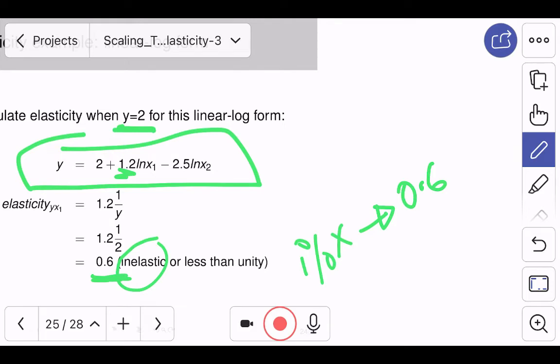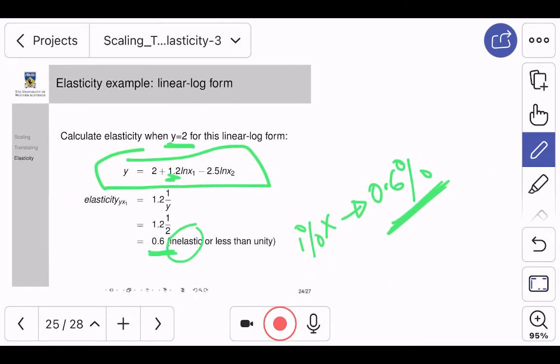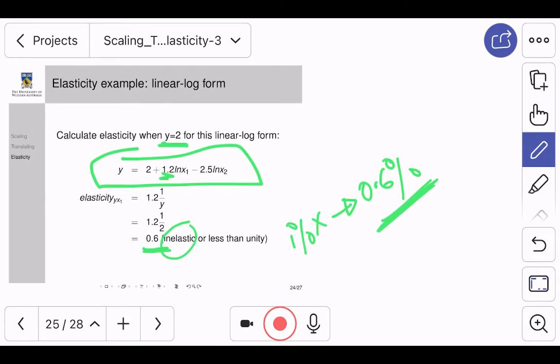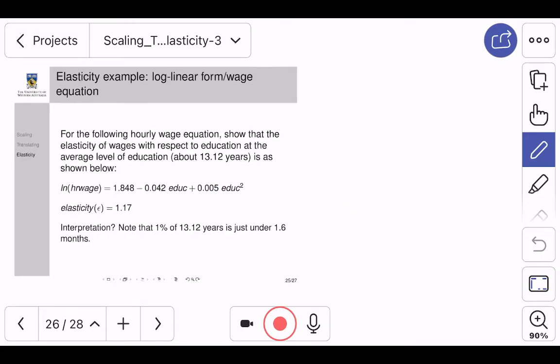It's about the magnitude. This is a less than proportionate change. Okay, so that's why we say y is inelastic with respect to x, because it is not giving us a proportionate or a higher change. It's giving us a less than proportionate change.